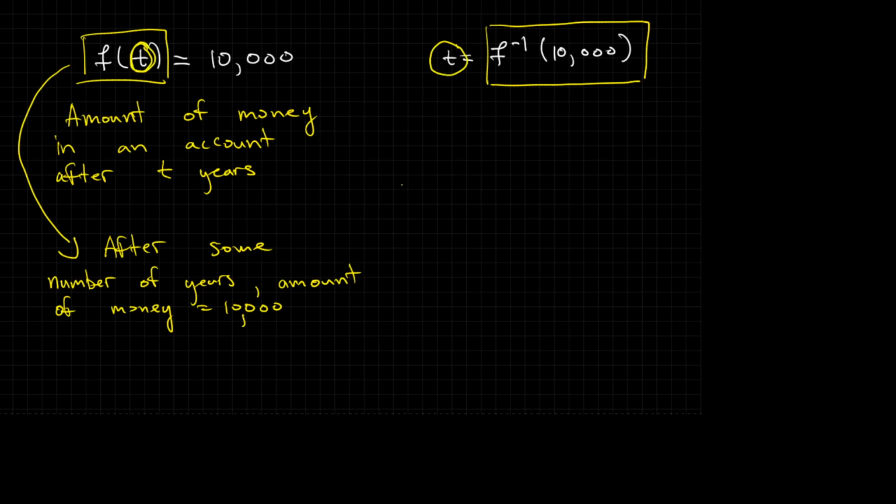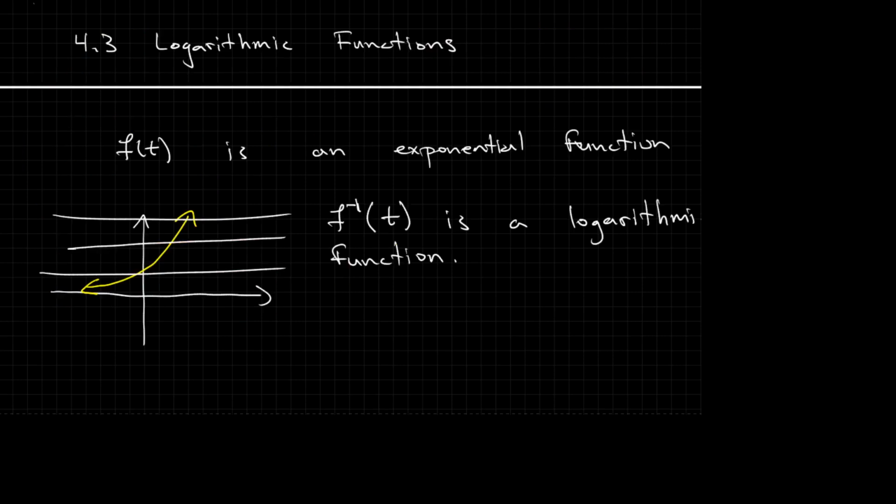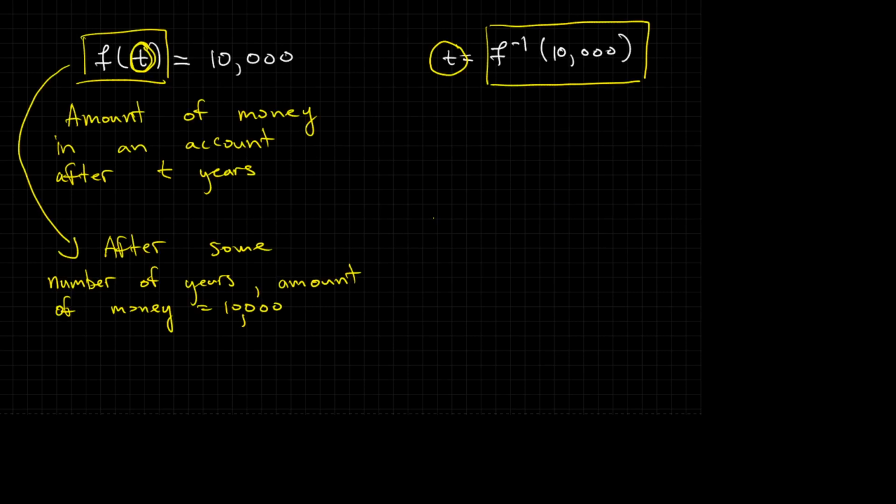So there we have the basic idea, which is on this page, that the inverse of exponential functions are logarithmic functions, and an idea of why that might be useful using an example of compound interest and asking ourselves, after how much time do I have to wait after an investment in order to reach a certain amount of money?